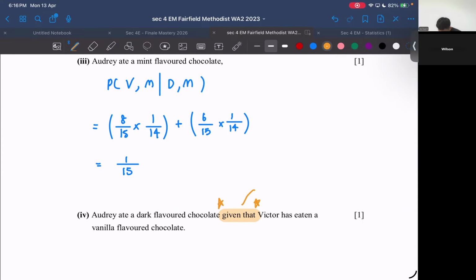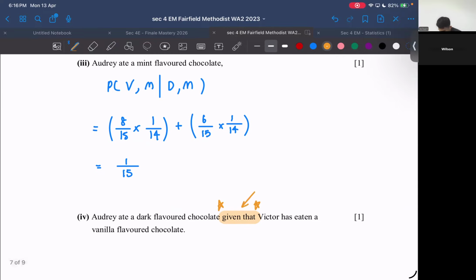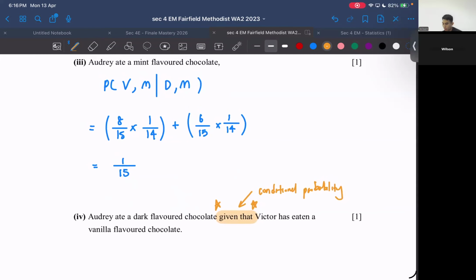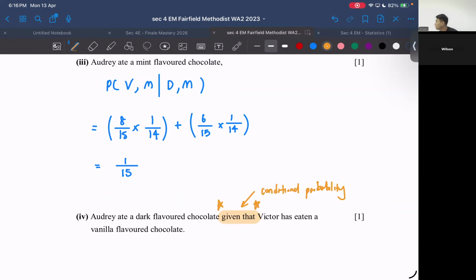When they say given that, this is known as a conditional probability. I don't think you have seen this before, but some schools will test this conditional probability. So they are only looking for the probability that Audrey ate the dark flavored chocolate.